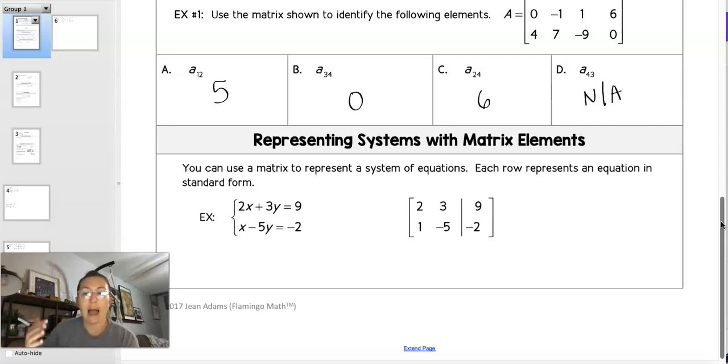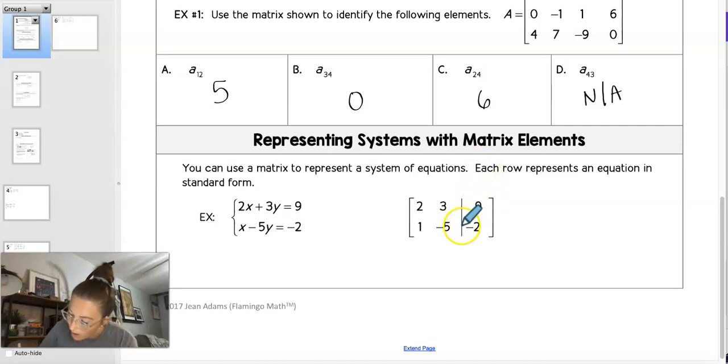How you set up a matrix is you're just dropping the x, y, z's, the pluses. You still keep in negatives because it's a negative number, and the equal sign. So the coefficient on this x, 2, is located right here. The coefficient on this y is right here, and then this answer is 9.